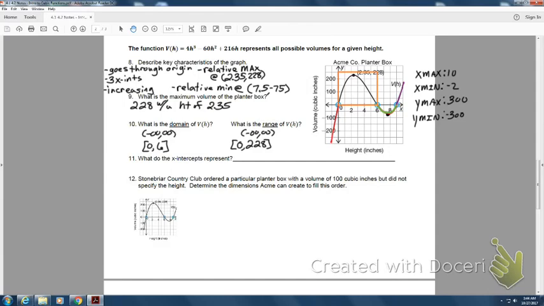Volume. So what do the x-intercepts represent within the context of this problem? Kind of, yes. You're around the right area. It represents when the volume is what? 0. Okay. So the x-intercepts represent the heights, that's what the x value would be, the heights that give you a volume of 0.